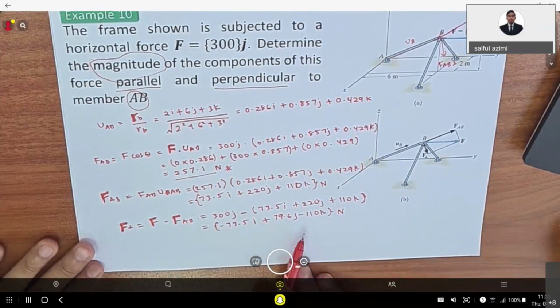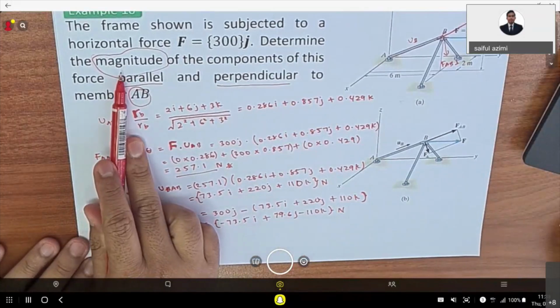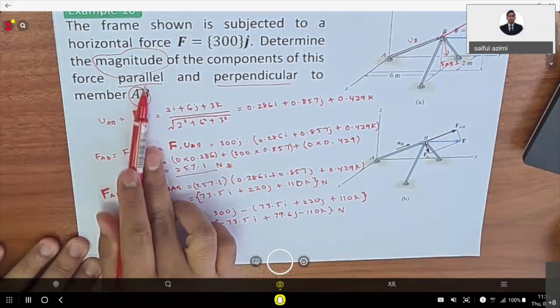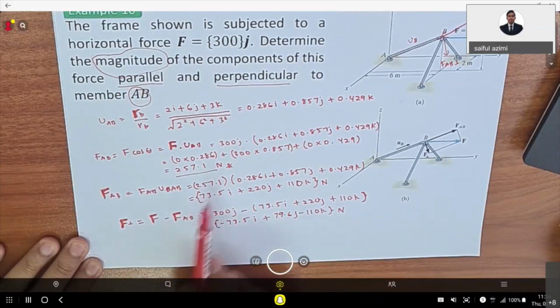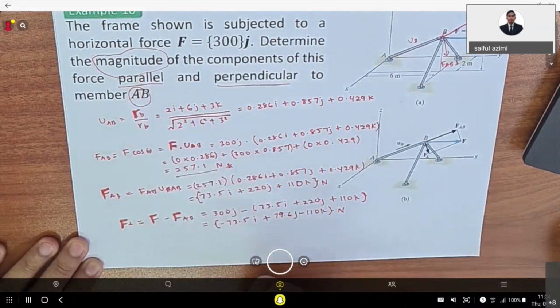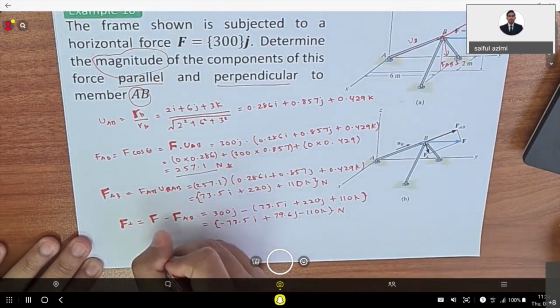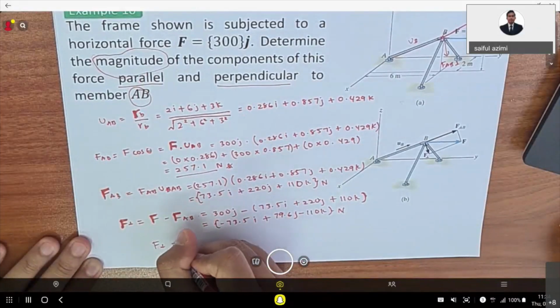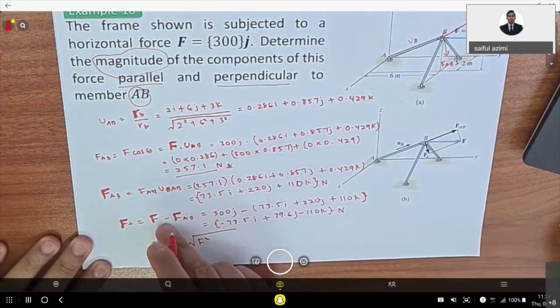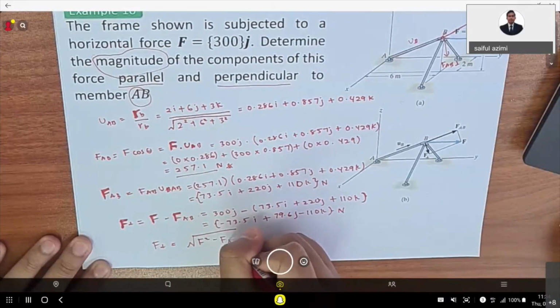Okay, so the question asks you to find the magnitude. Right now you already have the magnitude of FAB, which is the parallel one, and you already have the vector of the perpendicular one. And right now you wanted to find the magnitude only. So, as usual, by using this vector, you can use Pythagoras, or you can also use F perpendicular equals the square root of F squared minus FAB squared.